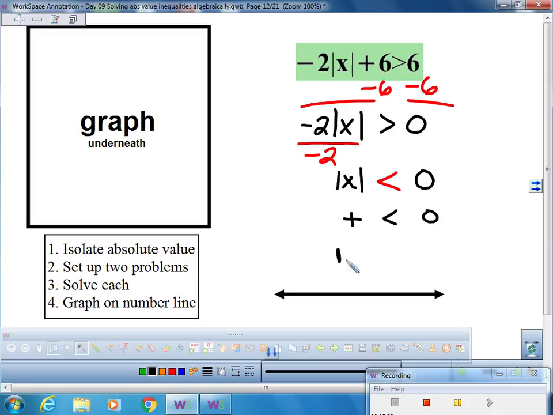This is no solution. If it was less than or equal to, can a positive number be equal to 0? What are all the positive numbers on the number line? 1, 2, 3, 4, going into infinity. So can a positive number be 0? Just consider 0.